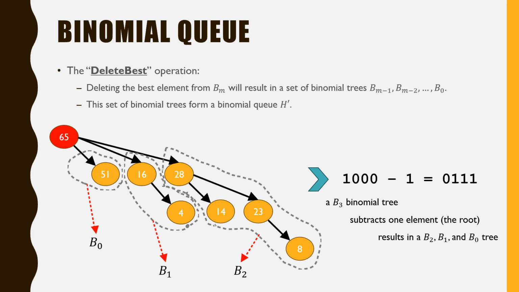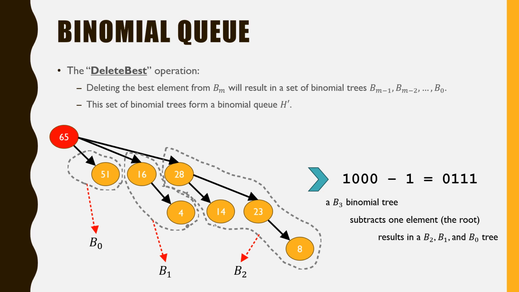Subtracting 1 from this binary representation corresponds to removing the root node from the binomial tree, resulting in the binary representation of 0111. This binary representation has ones in its 0th, 1st, and 2nd positions, indicating that deleting a node from a B3 tree results in a B2, a B1, and a B0 tree.